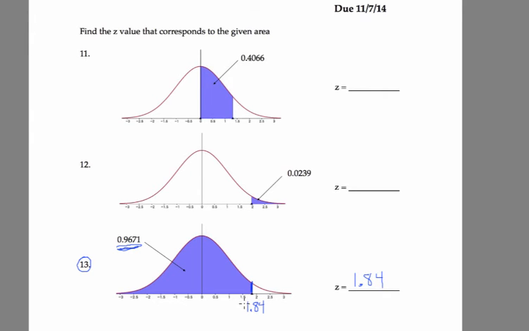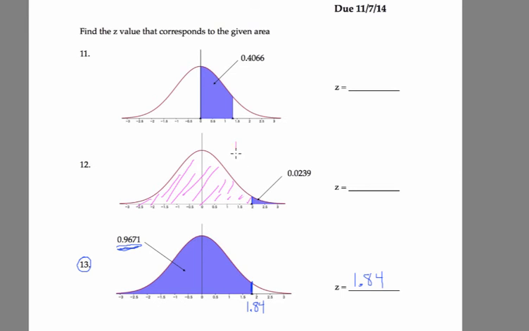That's the easiest one, and the reason why is because you're looking at the area that's to the left of the z-score. Okay, here you have the area to the right of that z-score. Well, that's fine, except our table gives to the left. So we need to figure out what this area to the left would be.